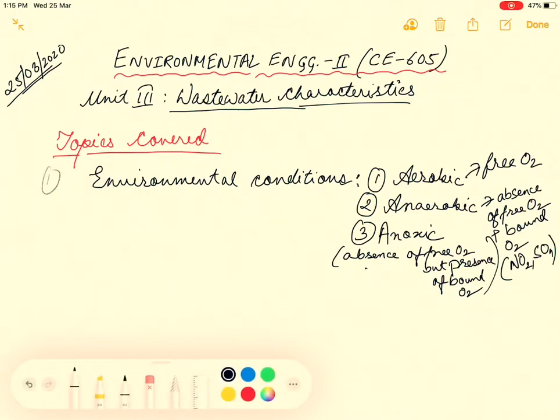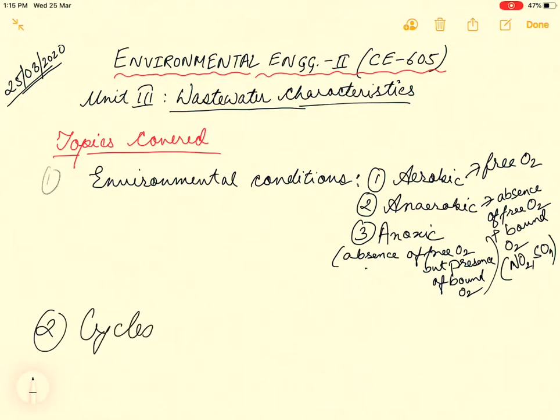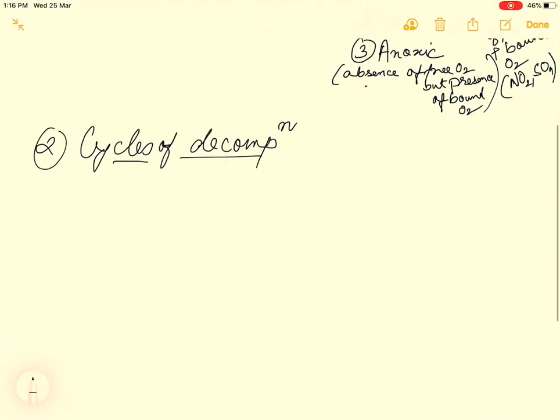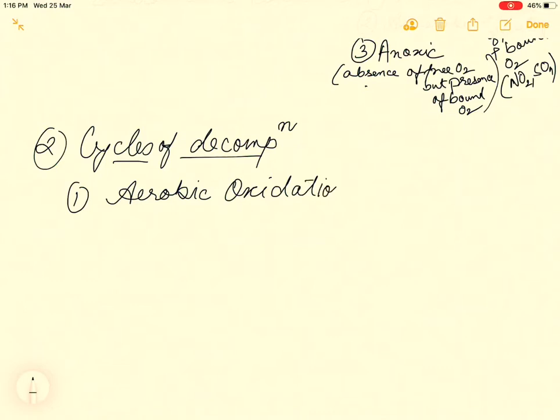The second topic that we studied is the cycles of decomposition. Under cycles of decomposition there are 2 main cycles that we have studied. One is aerobic oxidation, or aerobic decomposition.